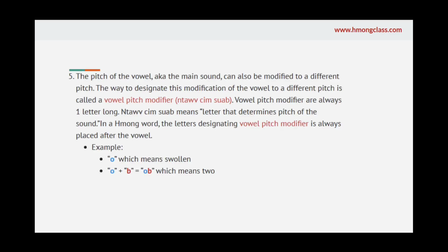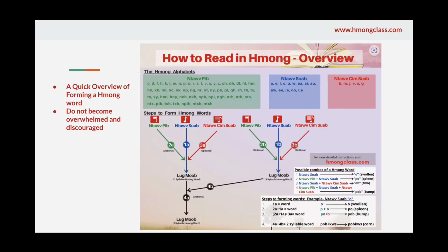The best way to think of vowels is that all the vowels that we have in this diagram here are at a certain pitch. A, E, O, U. Okay, all those are at a certain pitch, and when you add these modifiers to it, you designate the vowel to be changed to a different pitch.